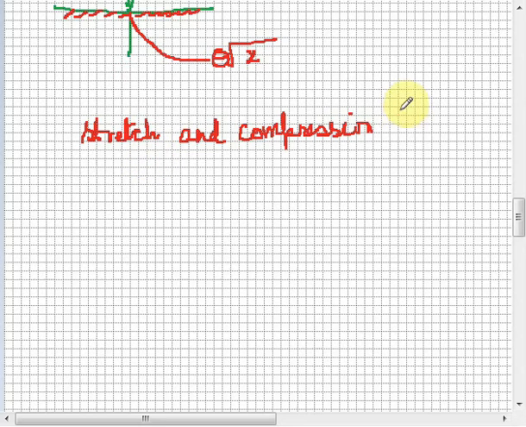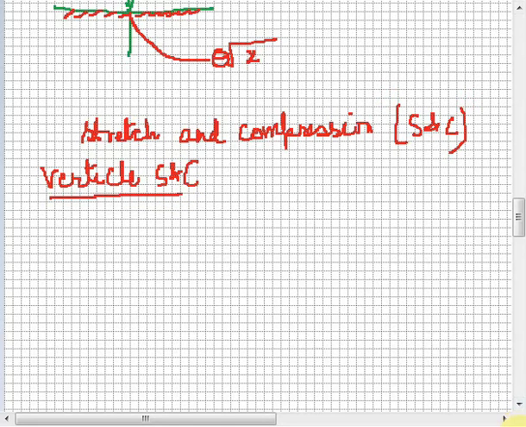I will name it S and C. First I will discuss vertical S and C. What will be the formula by which we get vertical stretch and compression? Let f(x) be a function and c be a real number greater than 0.